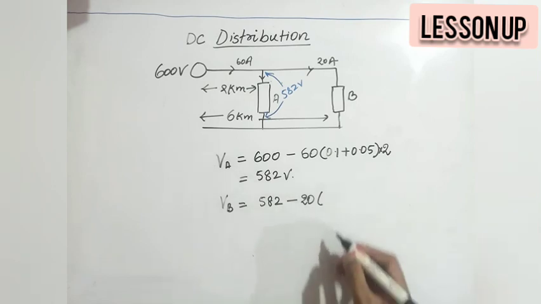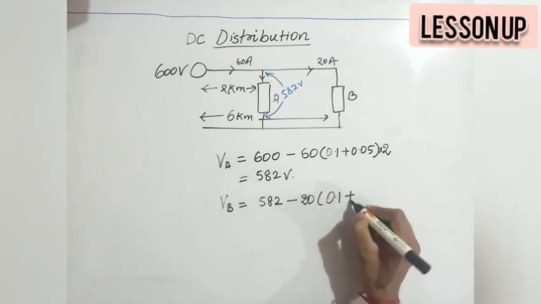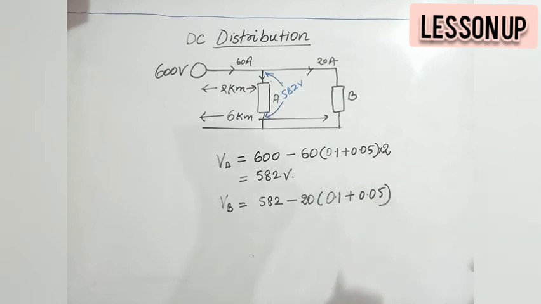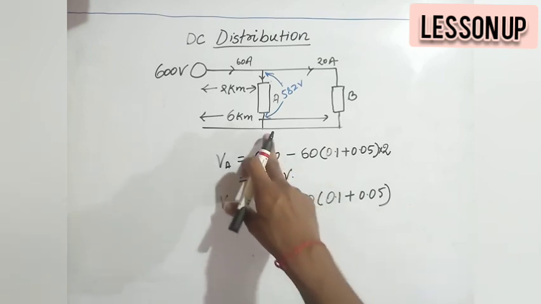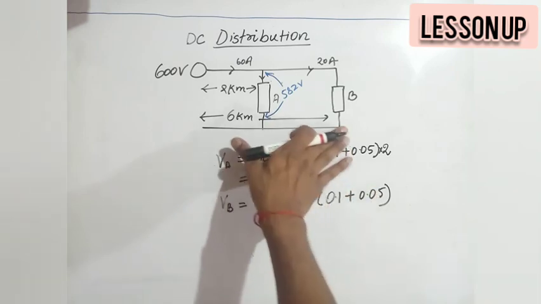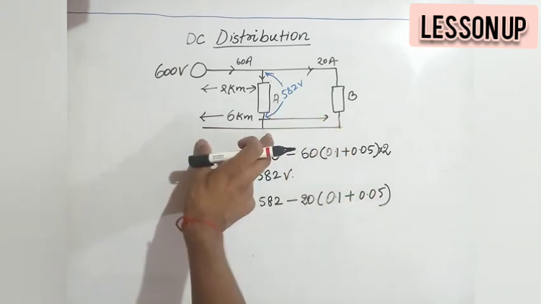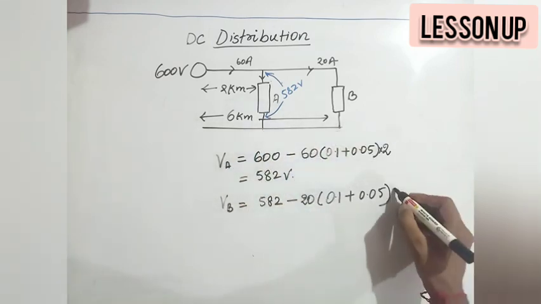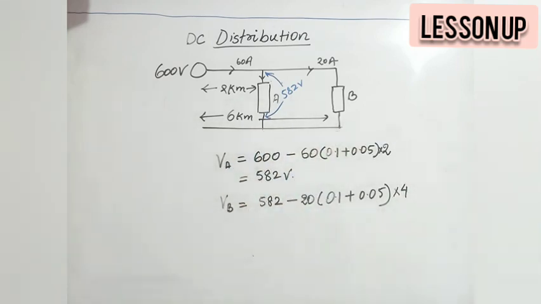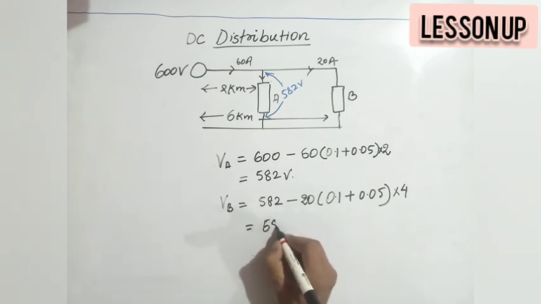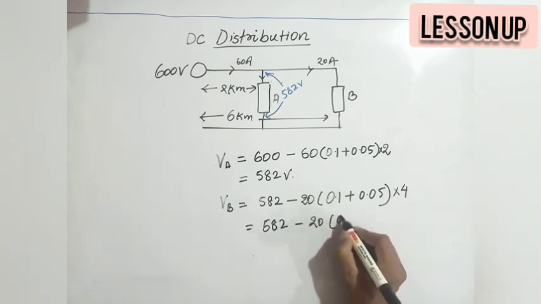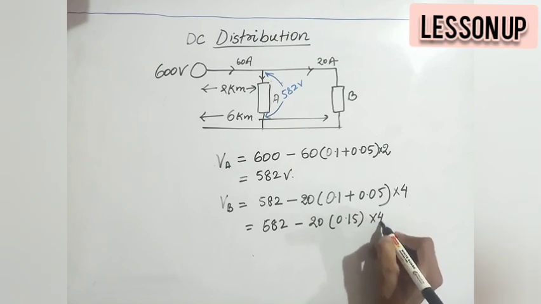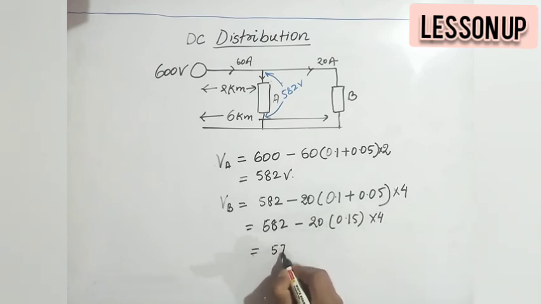These are in series, so the total resistance is 0.1 plus 0.05. This resistance depends on distance, and the distance between A and B is 4 km: the total distance from the substation is 6 km, this is 2 km, so this will be 4 km. So you multiply by 4. So 582 minus 20 into 0.15 into 4, and this gives you 570 volt.